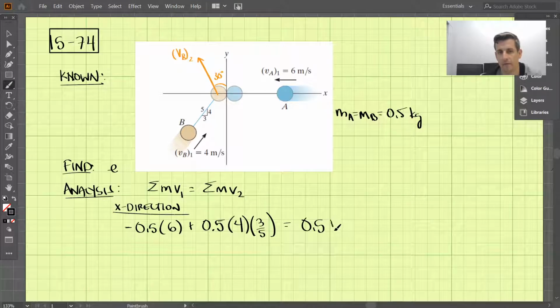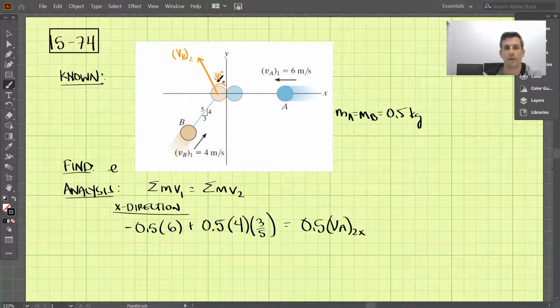So we have VA2 in the x direction. That's what that notation stands for. And the x component of VB is actually going to be in the negative x direction, so we have negative 0.5 VB2 in the x direction.